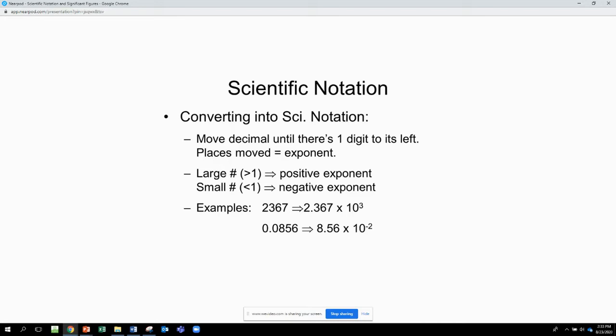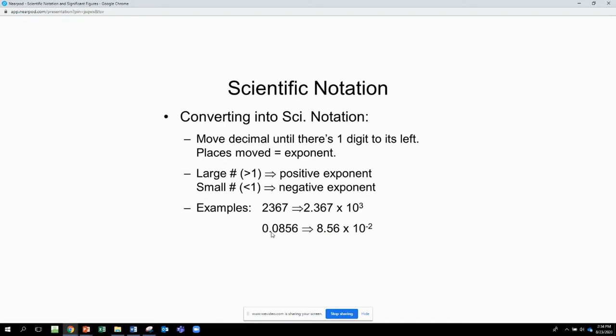Now let's look at the other example. You have a number 0.0856. We want to put this in scientific notation. So we want this decimal right here to move after the 8. You move it after the first non-zero digit. So you get the number 8.56 times 10 to the something. We have to figure out what that something is.